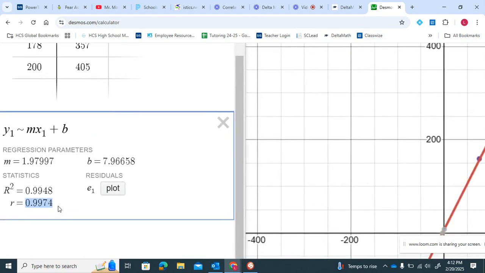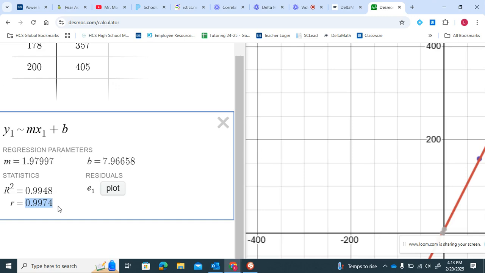So it's super strong. There is a very strong relationship between the number of passengers and the number of suitcases. There's a strong positive relationship, which makes sense, right? The more passengers that you have on an airplane, the more suitcases that you're going to have. As X increases, Y increases.